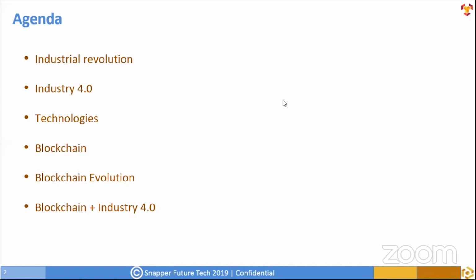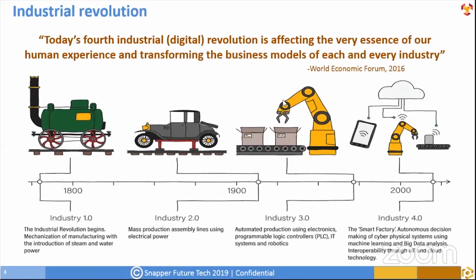Okay. So talking about the Industrial Revolution. The Industrial Revolution was back in the 19th century. Before that, it was all about manual labor. There were no machines. So the steam engine was invented and thus machines came into existence. And that was Industrial Revolution 1.0.